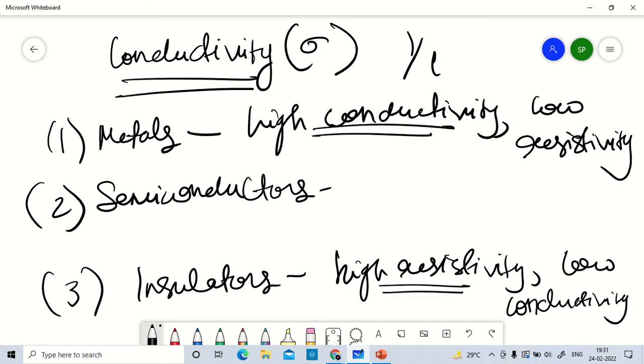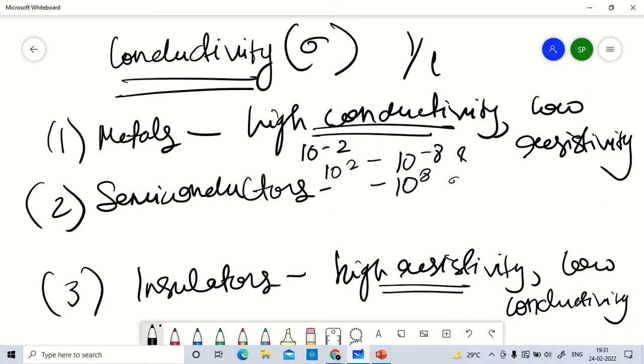So for metals, the values are 10 raised to power minus 2 to 10 raised to power minus 8 for resistivity, and 10 raised to power 2 to 10 raised to power 8 for conductivity.